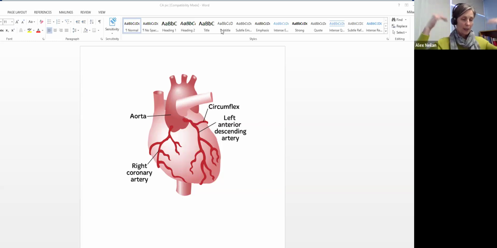Some will go up into your neck and head, others into your arms, and then you need a blood supply to your organs like your kidneys and your gut. Then the aorta bifurcates in your pelvis into 2 big arteries that run down into your legs. And then, as I said, the blood returns via veins into the right-hand side of the heart.